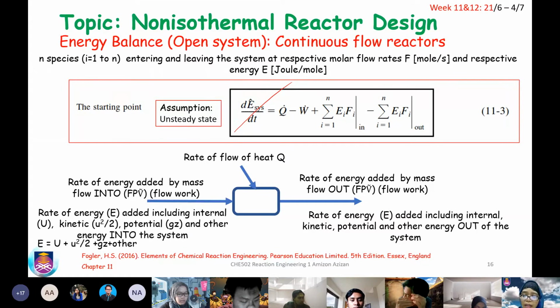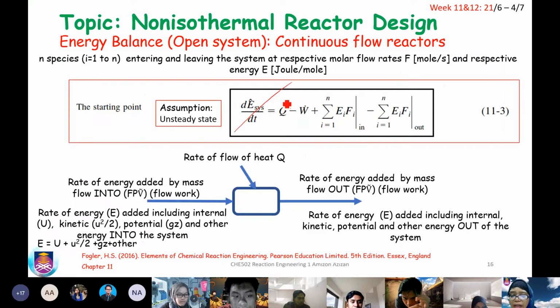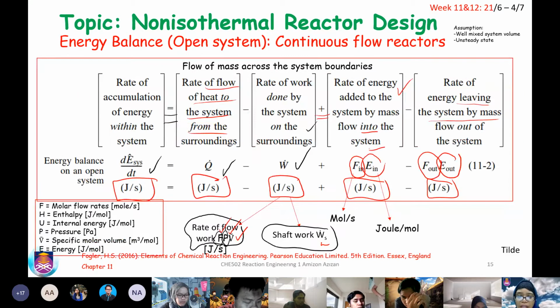And the right hand side is simply the one that you saw earlier: the rate of flow of heat to the system from the surroundings, Q dot, minus the work, plus the summation of the rate of energy added.